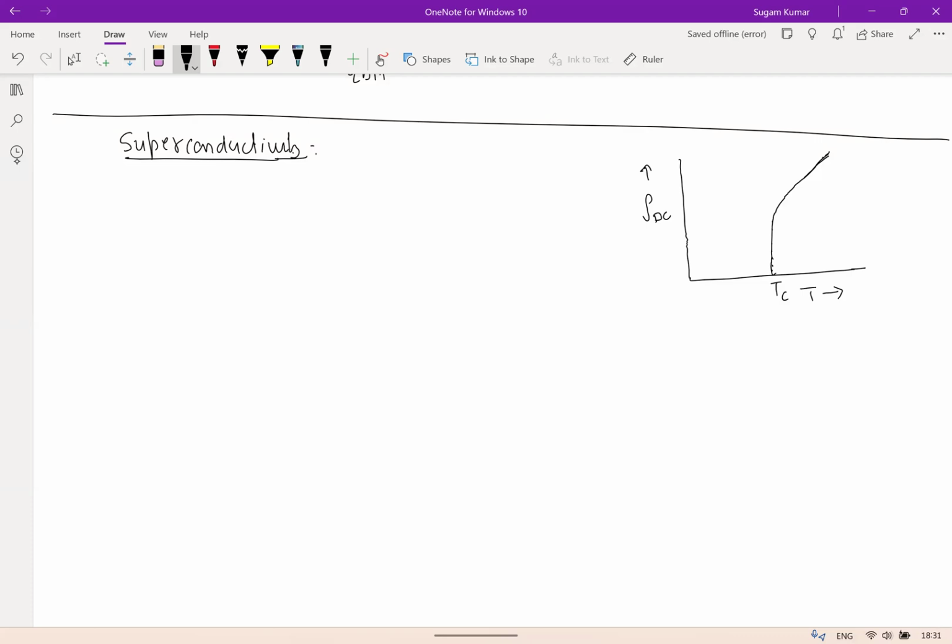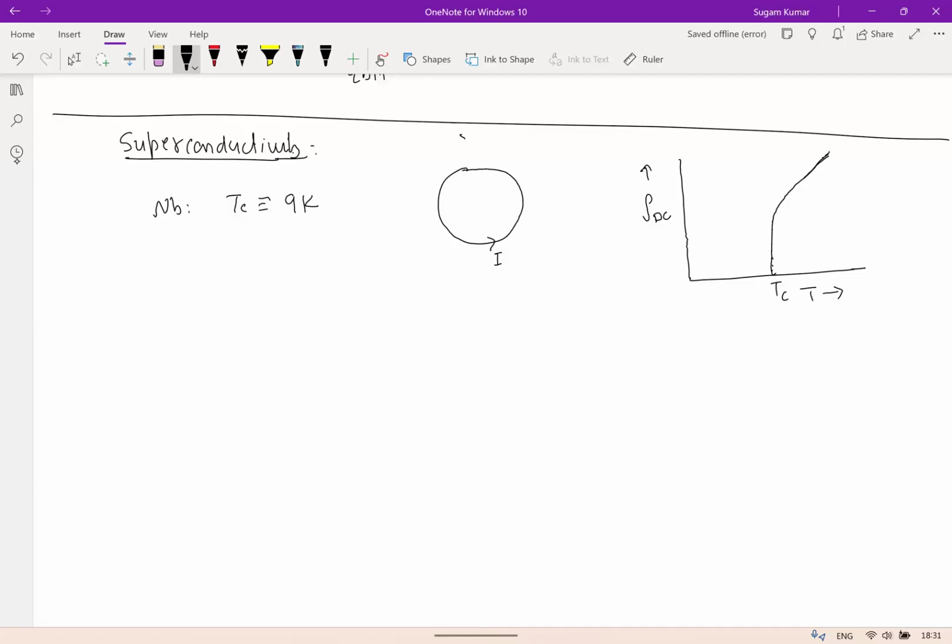Any idea how anybody can check whether resistivity has really become 0 or not? For example, let us say when you think about niobium, okay? So for niobium, the TC is around 9 Kelvin. It means if you cool down niobium below TC, then the niobium is going to become a superconductor and the resistivity becomes 0. So if you really want to check whether the resistivity is 0 or not, you can just make a loop of this niobium wire and pass some current in this.